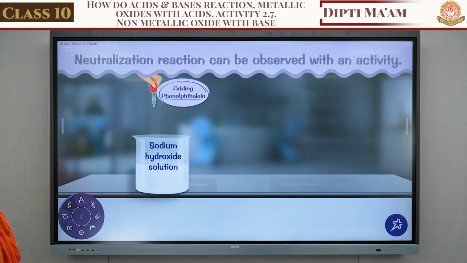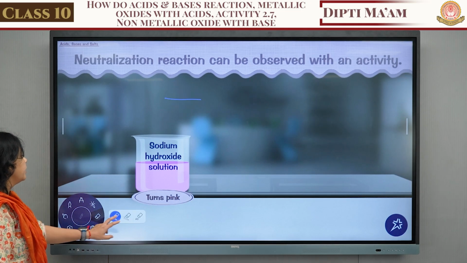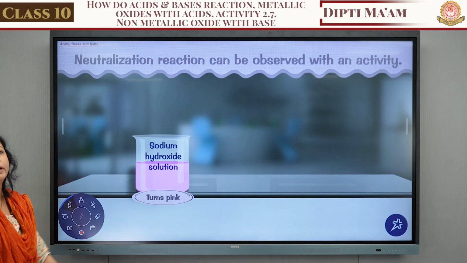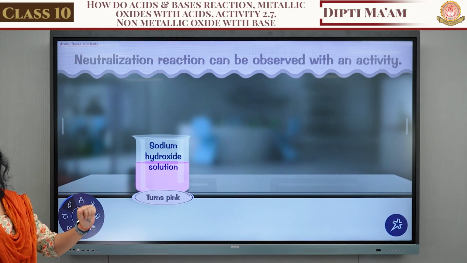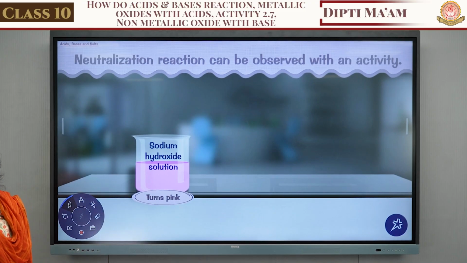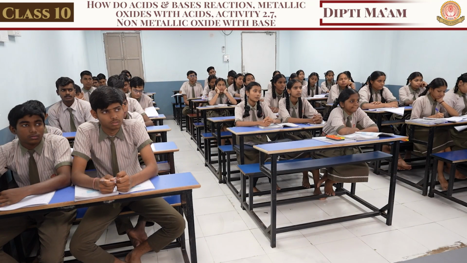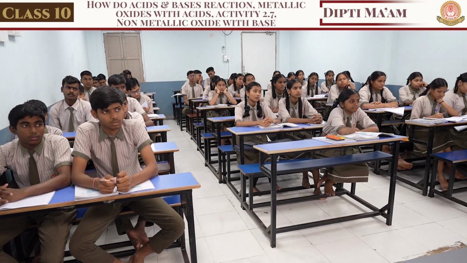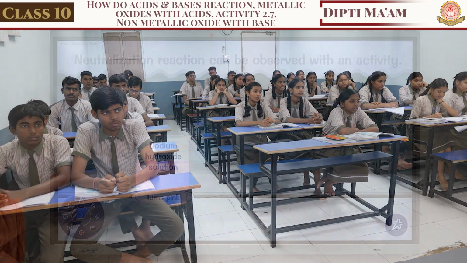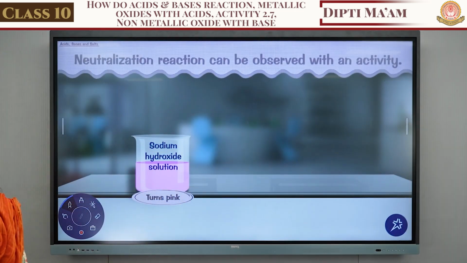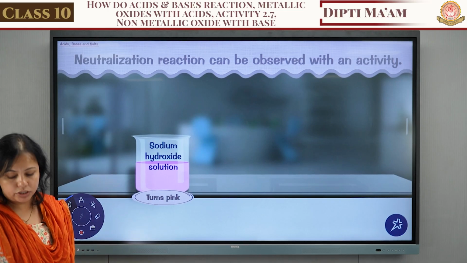Suppose we add the phenolphthalein here, then we can see that this solution is converted into pink. If the solution converts into pink, what type of solution is this? Is it acidic or basic? Does phenolphthalein give color in acidic solution? No, it gives the pink color with the help of a basic solution.